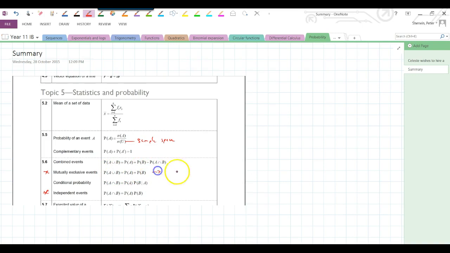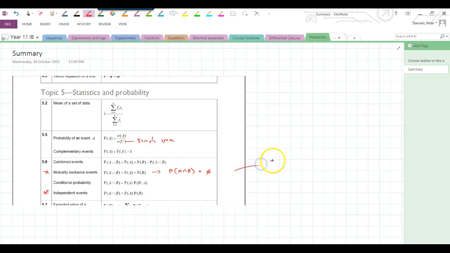Although often it's easier just to show that the intersection, because if they're mutually exclusive, there is no intersection. There's no intersecting elements. So it might be easier to show that the intersection A, intersection B is the empty set. There's nothing in there. And if you've done a Venn diagram, that's pretty clear.